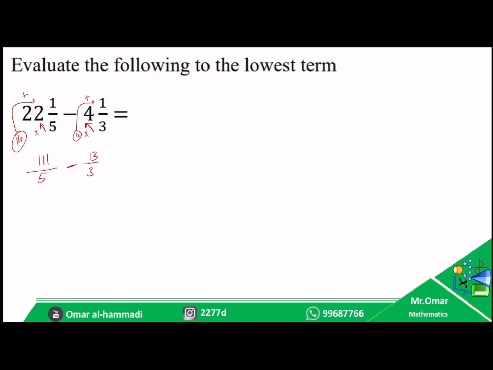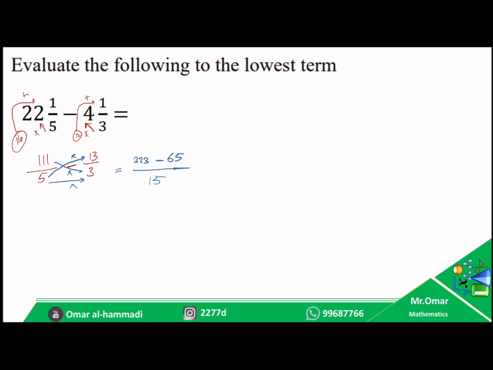So now we have to multiply 5 multiplied by 3, which gives us 15. And now we'll cross: 111 multiplied by 3 gives us 333, minus 5 multiplied by 13, which gives us 65.